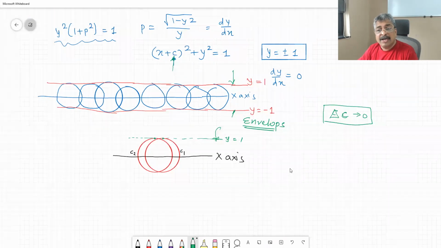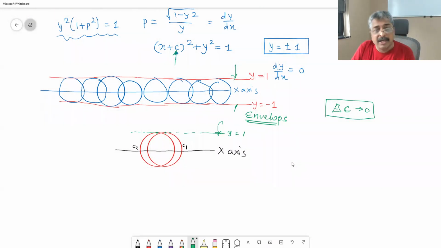Okay. Now let me take you to the theory of discriminant. We have studied ax square plus bx plus c is equal to 0, f of x. This is our quadratic equation. And we say that this quadratic equation has, say, a repeat root.